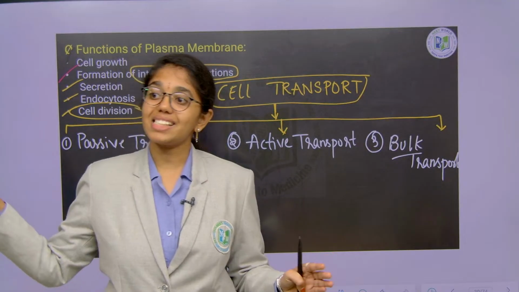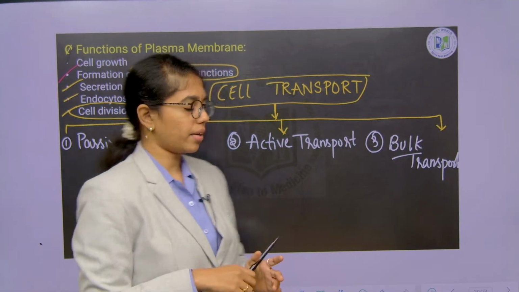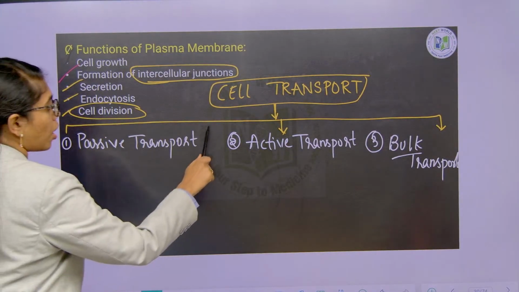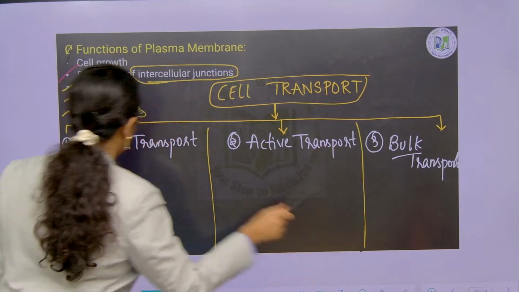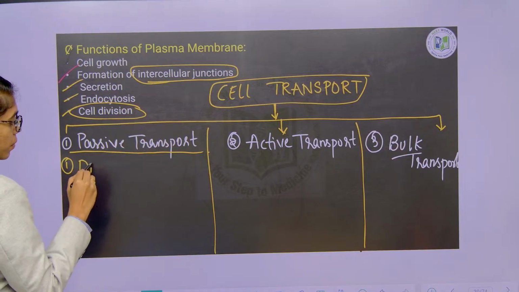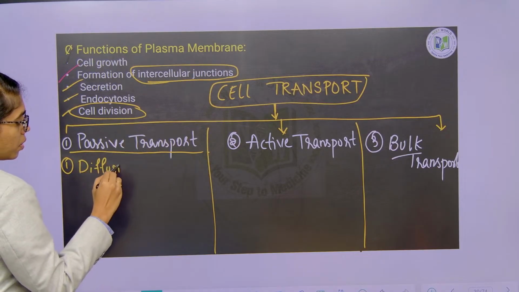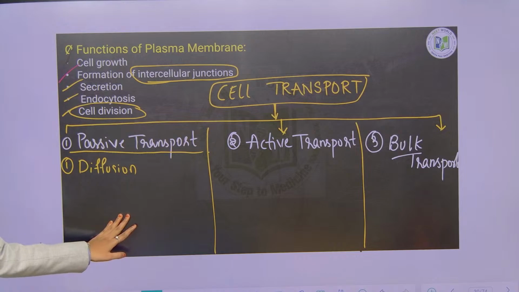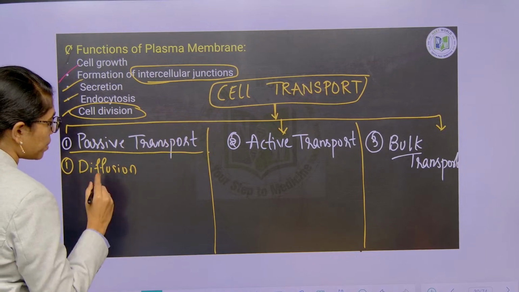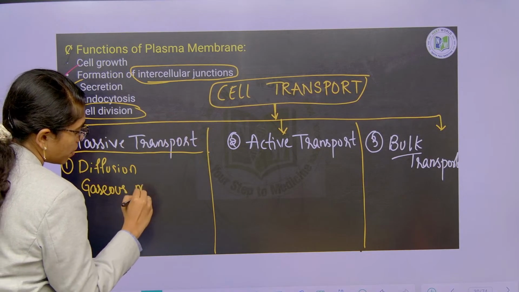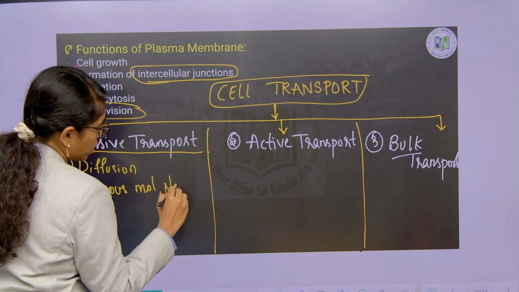Passive transport is first via diffusion, means molecules just diffuse. This happens mostly with gaseous molecules and neutral solutes.